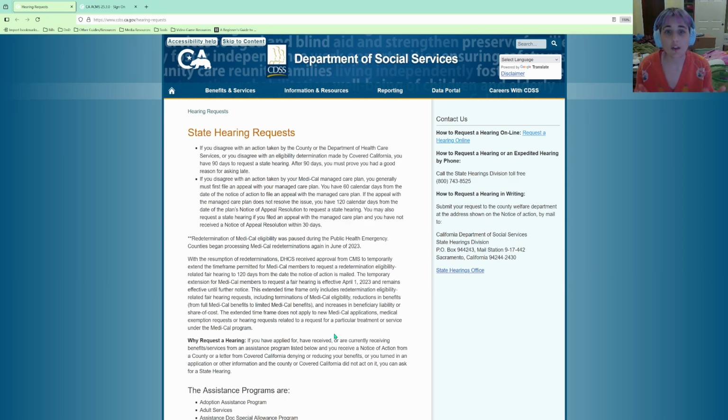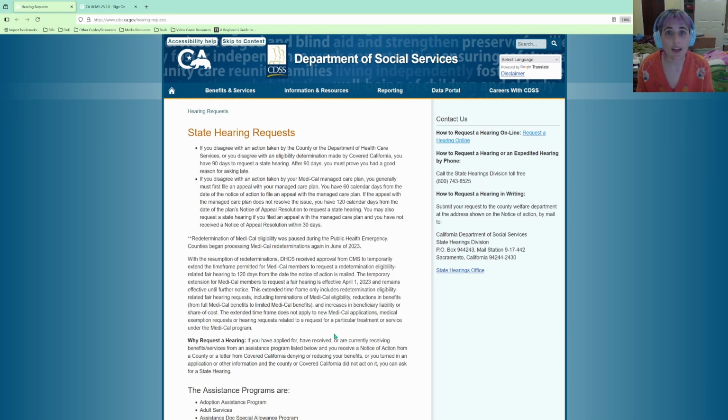So generally, you have 90 days to file an appeal from the date of the notice of action that they give you. You can appeal after 90 days, but you have to show that you have good reason. For example, if you had a family emergency close to the time you are going to appeal, and that was close to that 90-day deadline, and it caused you to go past the 90-day deadline, that could be a good reason for why you had to go over.